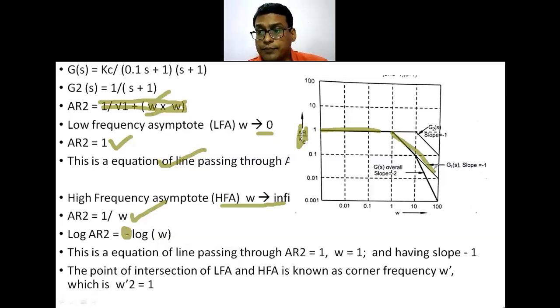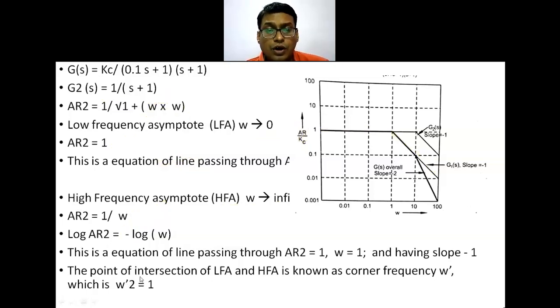But the corner frequency, that is omega 2, the point of intersection of the low frequency asymptote and the high frequency asymptote, is the corner frequency.